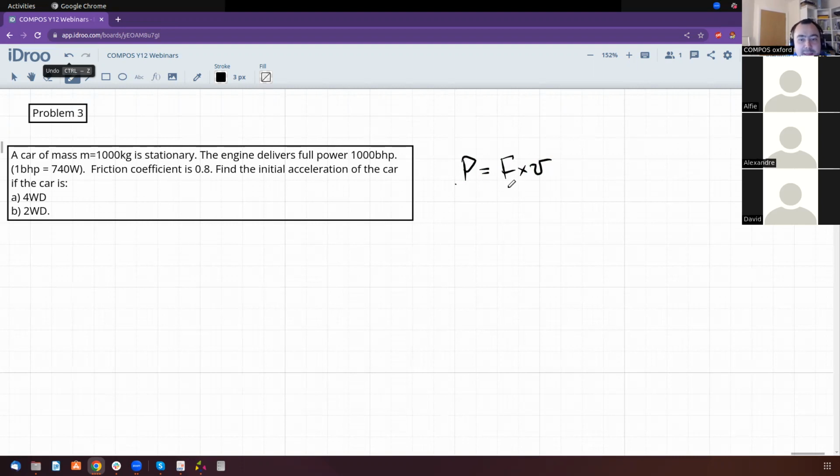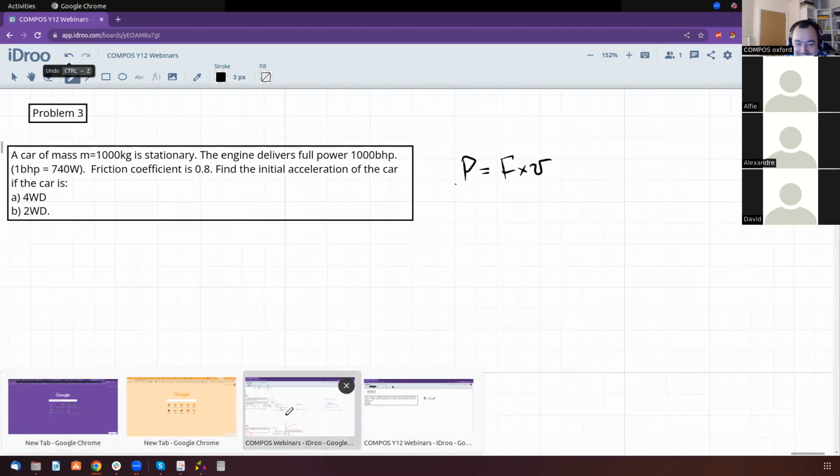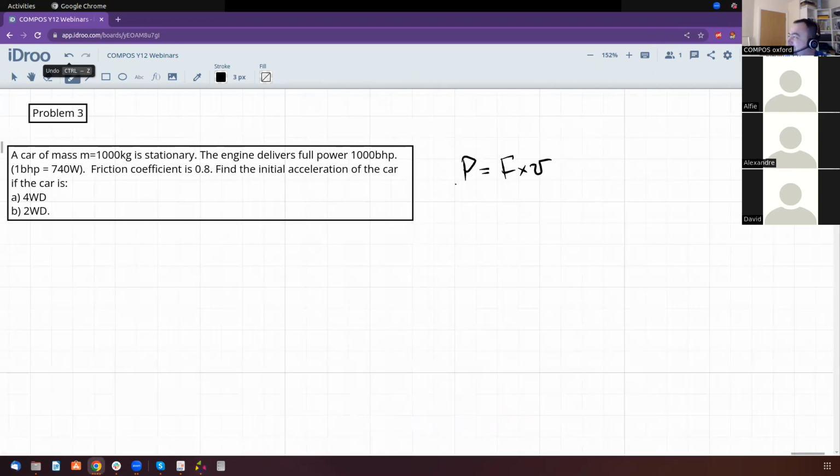Power is force times velocity, and that is equal to the rate of change of kinetic energy.